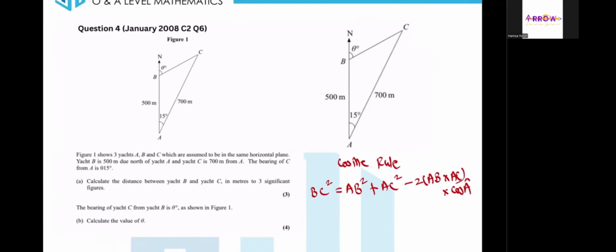So I can say that BC square is equals to 500 square plus 700 square minus 2 times 500 times 700 times cos 15 degrees. We are just going to evaluate the value of BC square over here. So just put this complete thing in your calculator: 500 square plus 700 square minus 2 times 500 times 700 multiplied by cos 15.